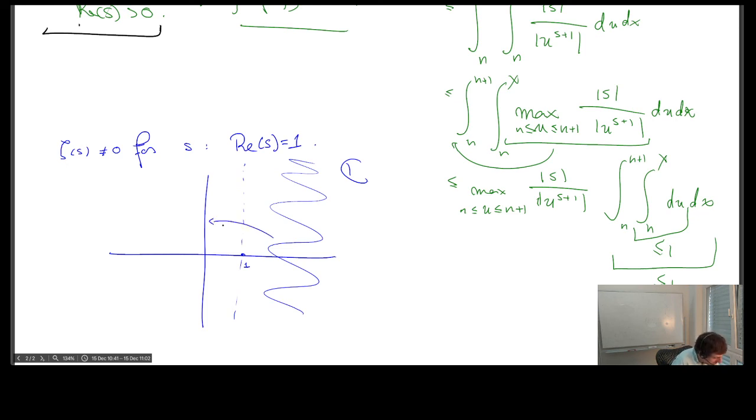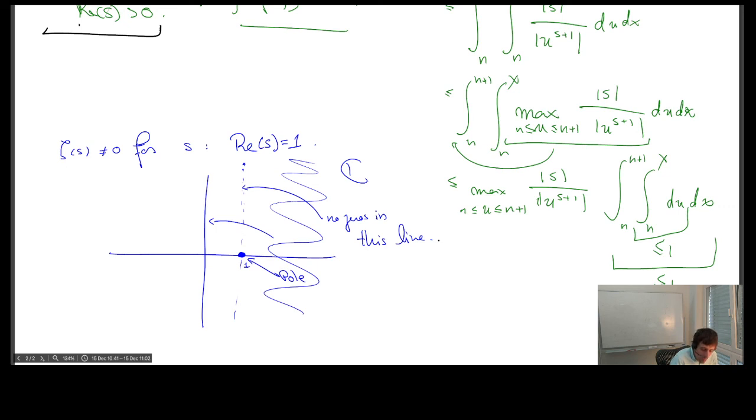So in particular there's a simple pole, and we know the residue, it's just 1, the residue of 1 over s minus 1. And now what we're going to show after the break is that there are no zeros on this line. And this will give us the prime number theorem.